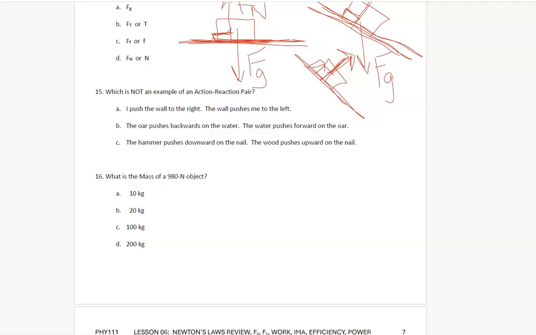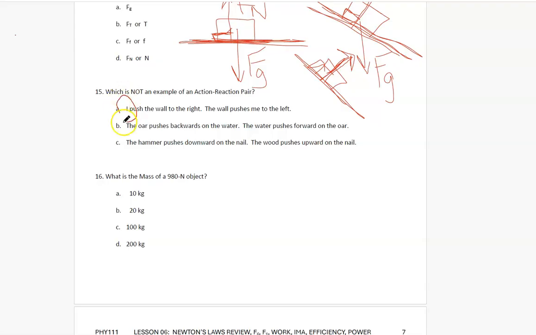Number 15, which is not an example of an action-reaction pair. All right, you're looking for A acts on B in a direction, and then B acts on A in the opposite direction. All right, so part A says, I push on the wall to the right. The second part of it says the wall pushes on me to the left.